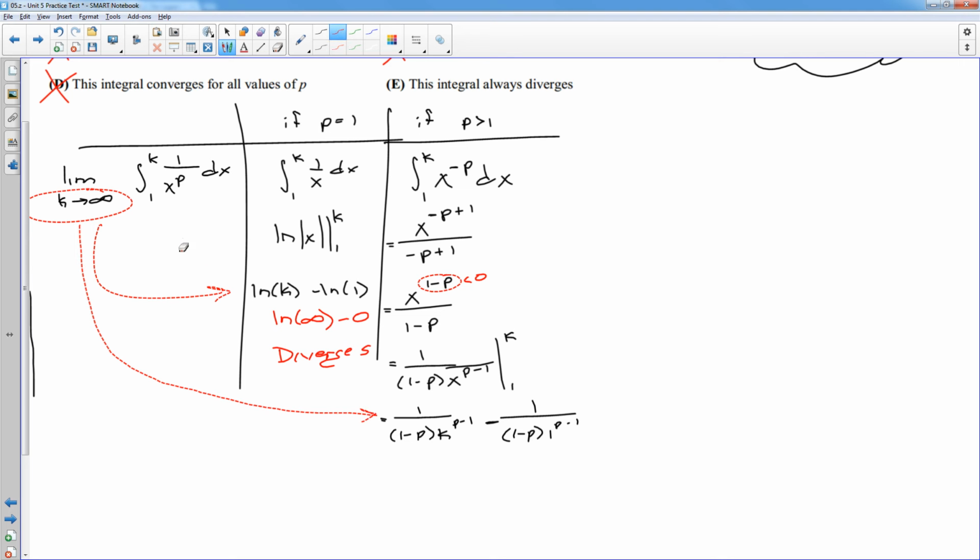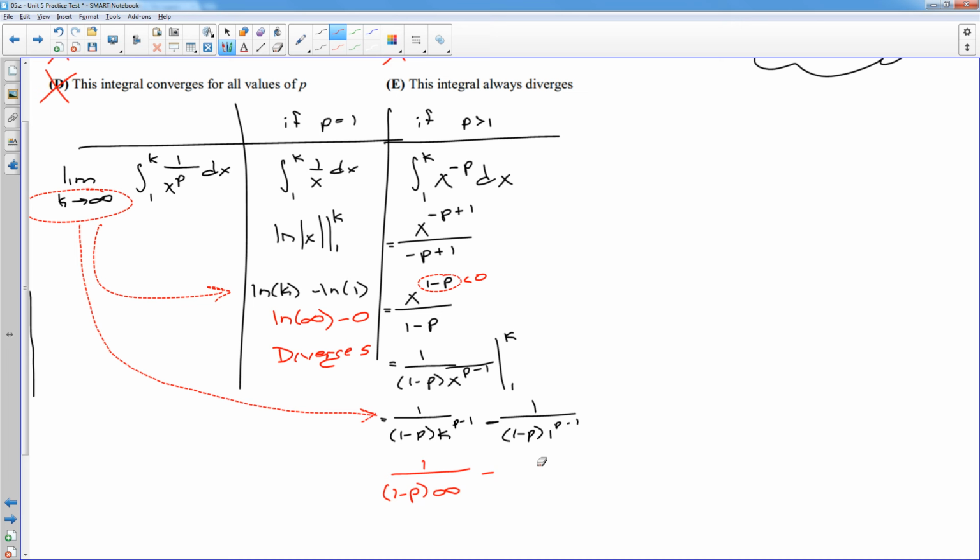If k is approaching infinity and p is bigger than 1, now I have 1 over 1 minus p, which is a constant, times infinity to the p minus 1. But if p is positive, then that's going to be infinity to a positive power.